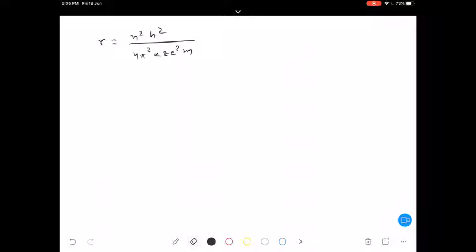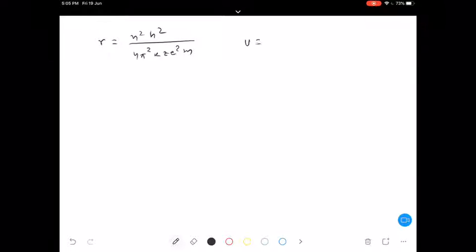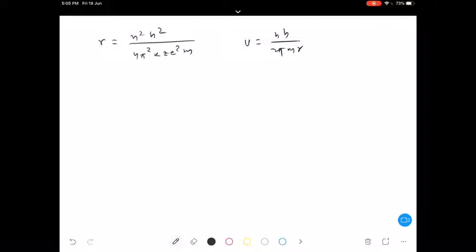Now after that we defined velocity as well. Velocity was coming out to be nh upon 2 pi m into r. So if I put this expression of r into that formula, we are going to obtain the expression for velocity as well, correct?